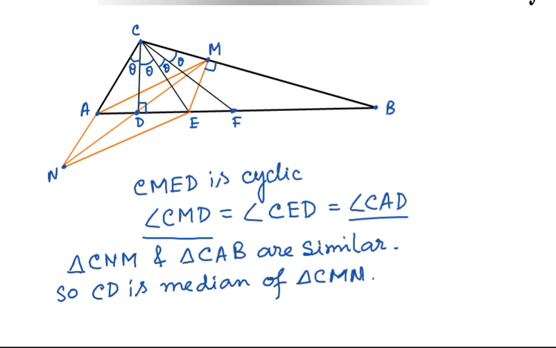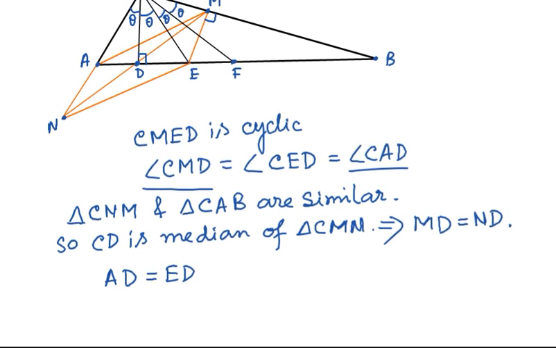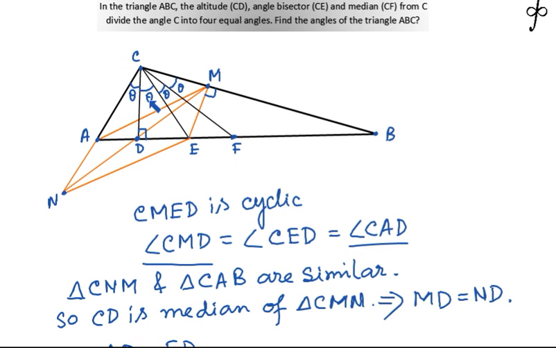Now CD is the median, that implies that MD is equal to ND, so D is the midpoint. From the figure we can also claim that AD is equal to ED. Here this is theta, theta, this is 90, so these two triangles are congruent because they have a common side.